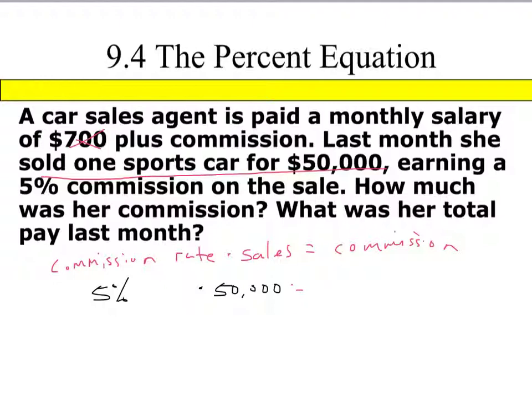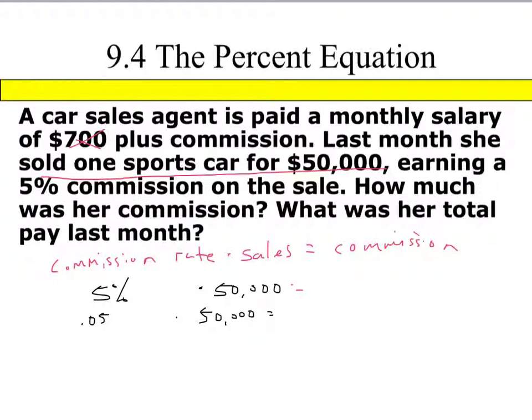So if you look at 5% times 50,000. Now, you can either use that percentage symbol on your calculator, or you can move your decimal to make it 0.05 times 50,000. Whatever you are comfortable with, you will get the exact same answer. Just make sure you are not taking 5 times 50,000.